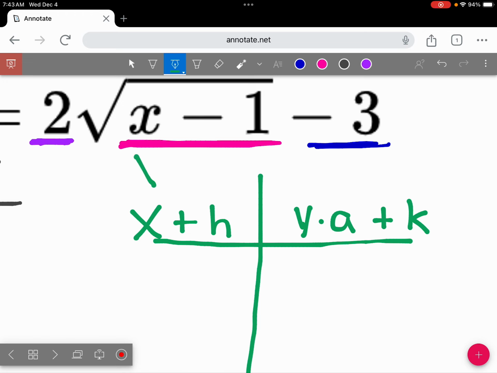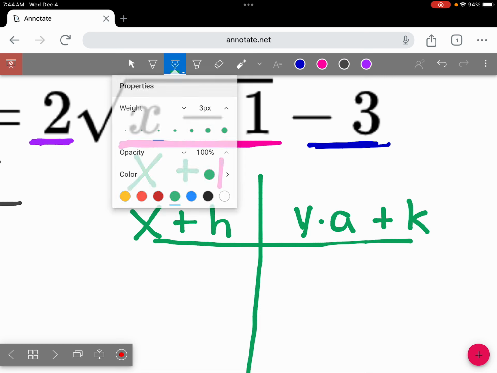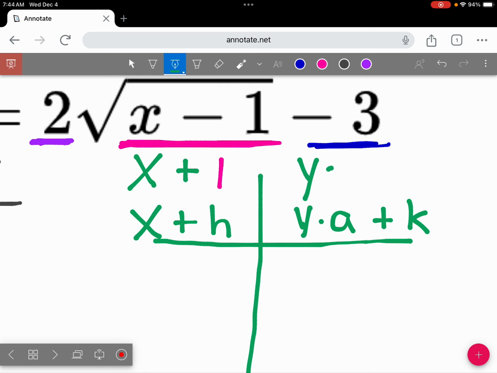We've already found our h, which was 1, so we're going to have our x plus 1. And we're going to have our y times our a, so times 2, plus our k, plus -3. So this pattern is the same that we've had before, and that's what we do to find our transformations here.